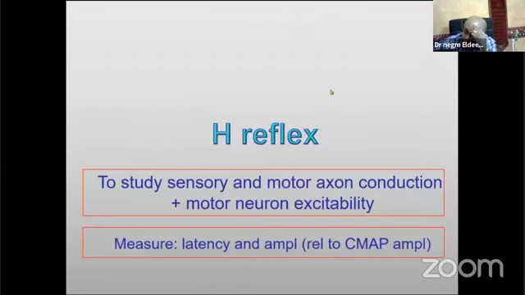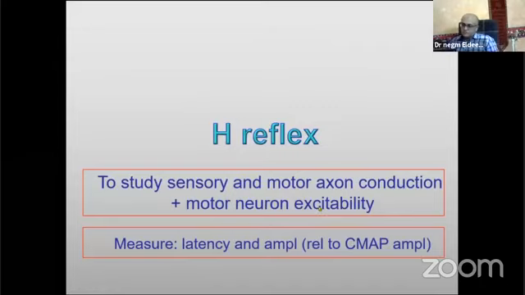Then we can go over to the H reflex. That is a reflex, and the other two that I've talked about, F response and A waves, are not reflexes. And the H reflex is studying both the sensory and motor axon conduction and the motor neuron excitability.